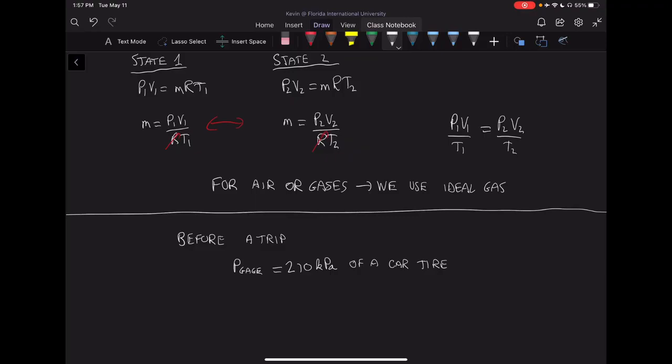And we're told that after the trip, the gauge pressure has increased to 220 kilopascals. Okay, probably because of a little bit of the heat. A little bit of heat went into the tire while it was driving, or the temperature of the tire changed, or something happened to the tire for it to increase in pressure.